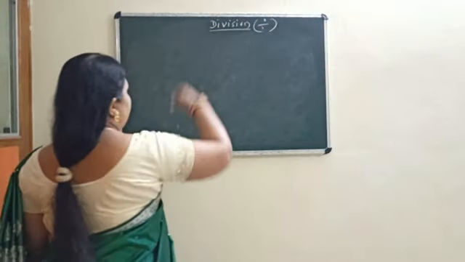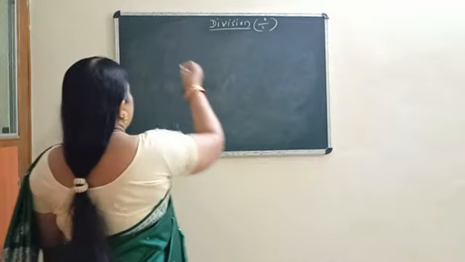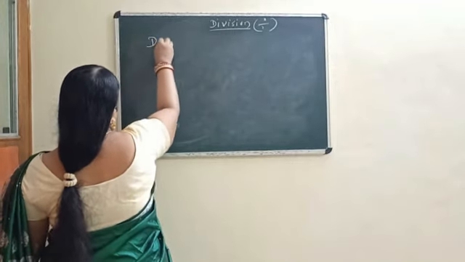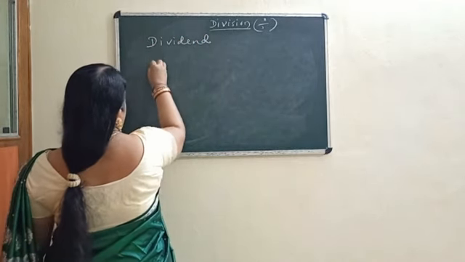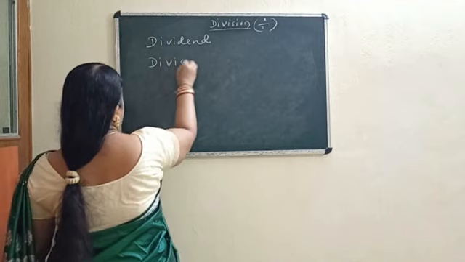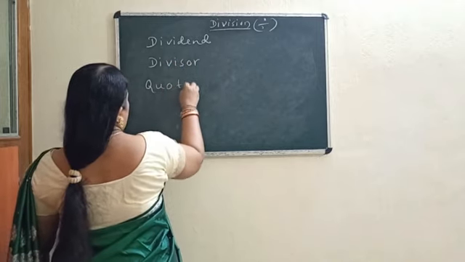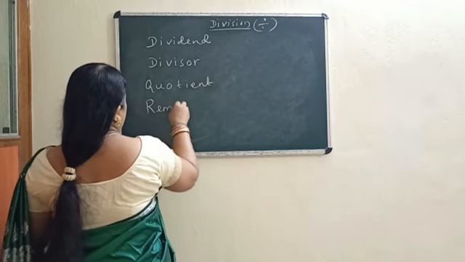And this is another operation on large numbers. We are also using some terms here: one is dividend, second one is divisor, third one is quotient, and fourth one is remainder.